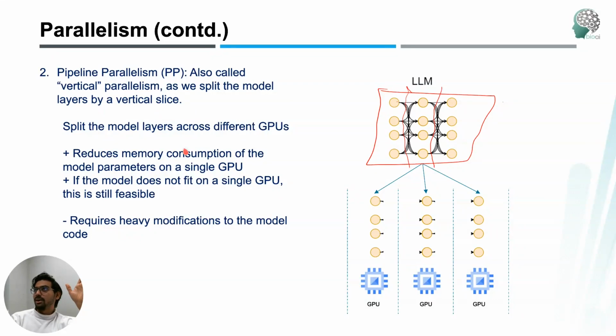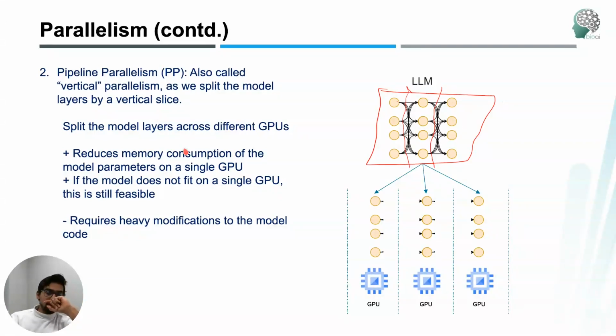I apologize for the bad drawing, but we'll just put a vertical cut and then split the layers, one or more layers on each GPU, depending on how many GPUs we have. And this does reduce the memory consumption of the model parameters on a single GPU. And if the model does not fit in a single GPU, this is still feasible now.